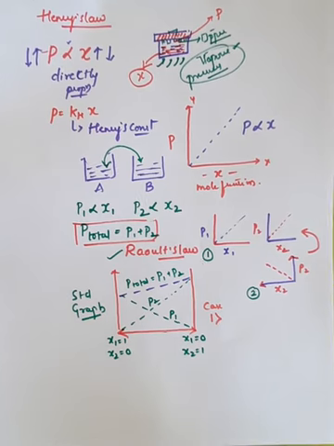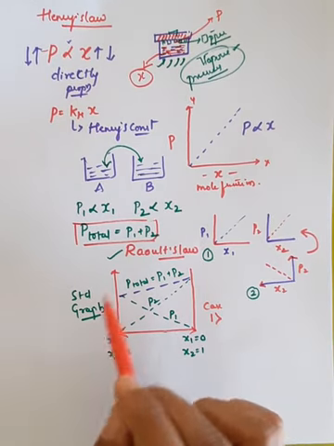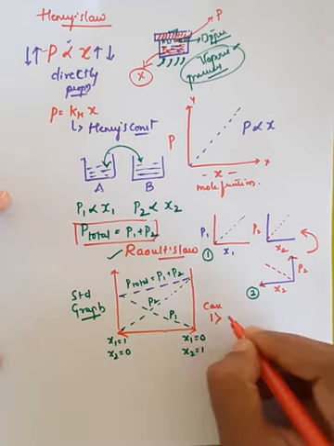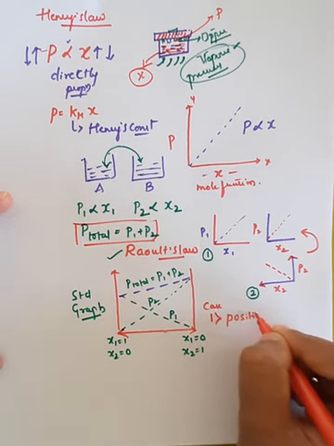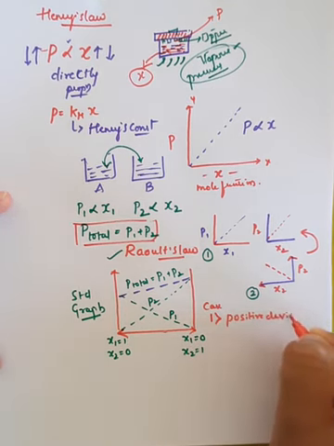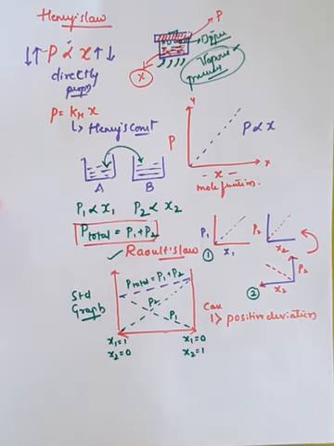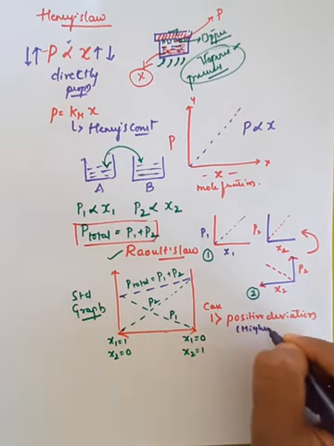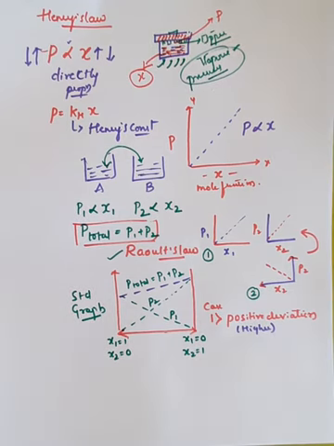In case 1, if I get a higher value than this normal value, then that condition is called positive deviation. That is, the higher value than the normal value is called a positive deviation.